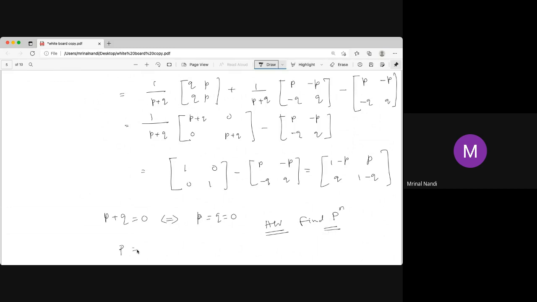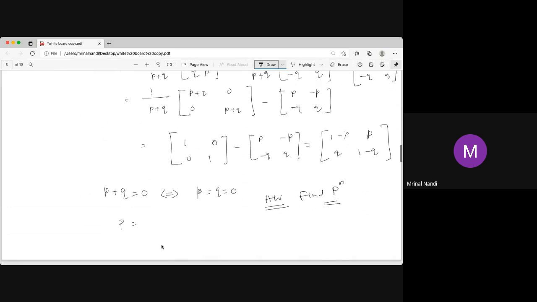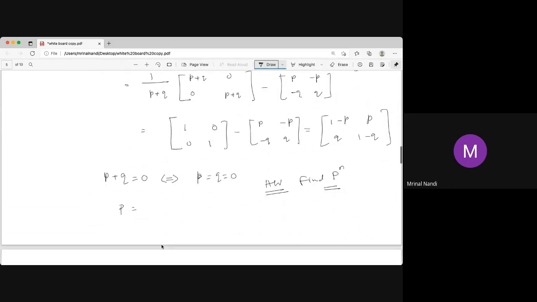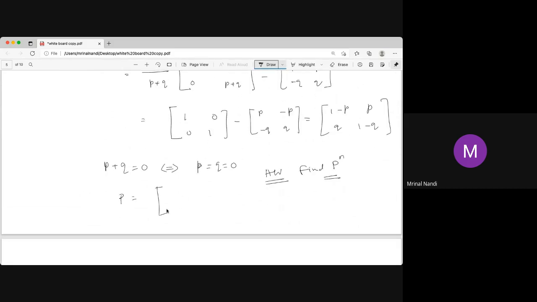When p and q are both 0, it is just identity. So it's easy, not homework. P to the power n is identity.